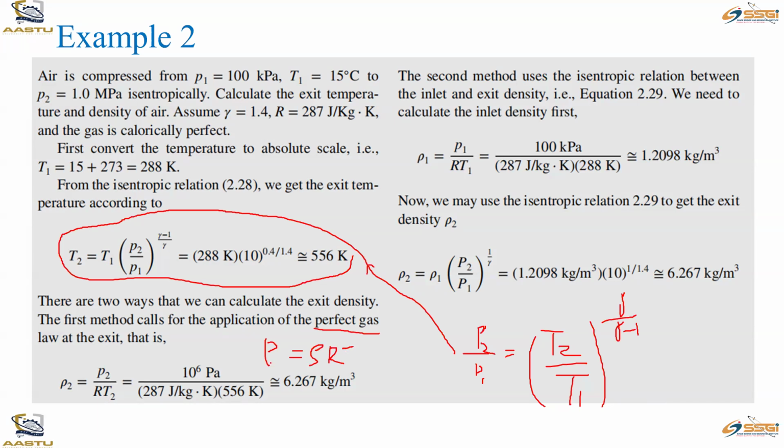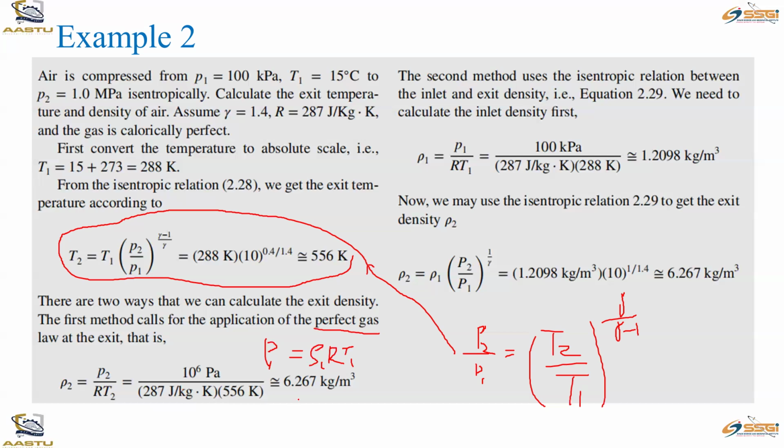So pressure at point 1, rho at point 1, temperature at point 1; pressure at point 2 is equal to, similarly, rho at point 2, temperature at point 2, R. So we directly apply the gas law. Therefore, we can calculate density.